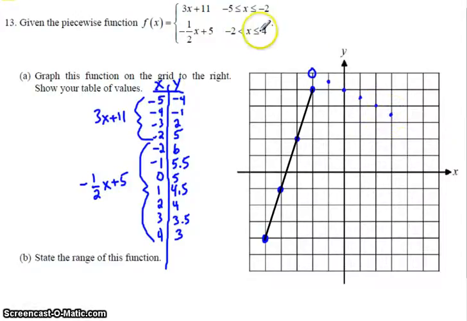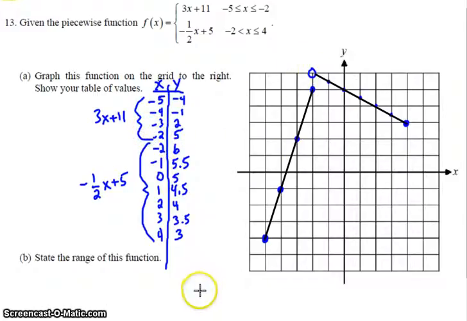At 4 it's going to be a closed circle. Let me connect that. And there we go, this is my piecewise function. It wanted us to do it with a table. The only weird thing was that you had to duplicate that point because these lines didn't connect.